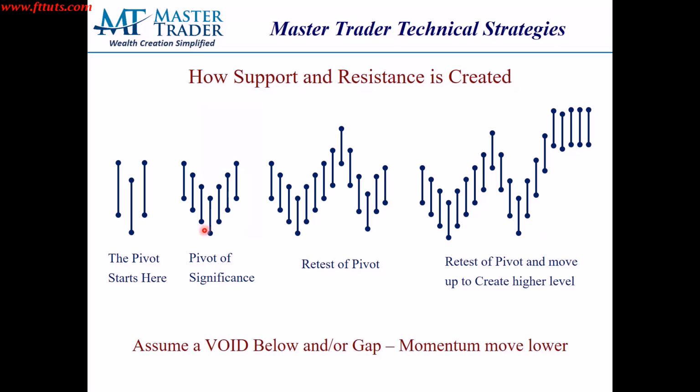So let's just say as long as these bars or candles that we'll be using have 3 higher lows to the left and to the right, we're going to say that this is a pivot of some significance, and we're going to recognize that an area of support or possibly resistance has been created.